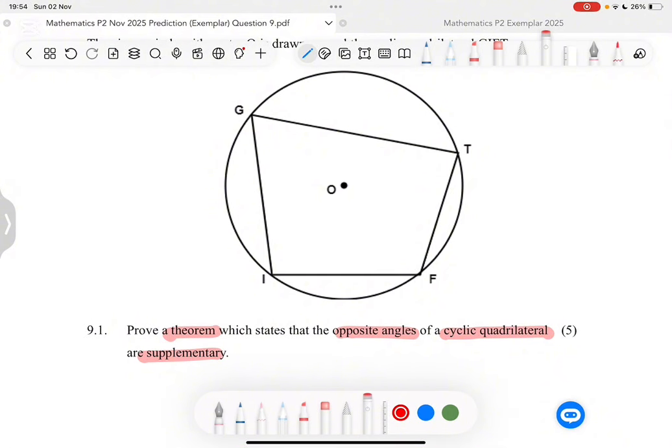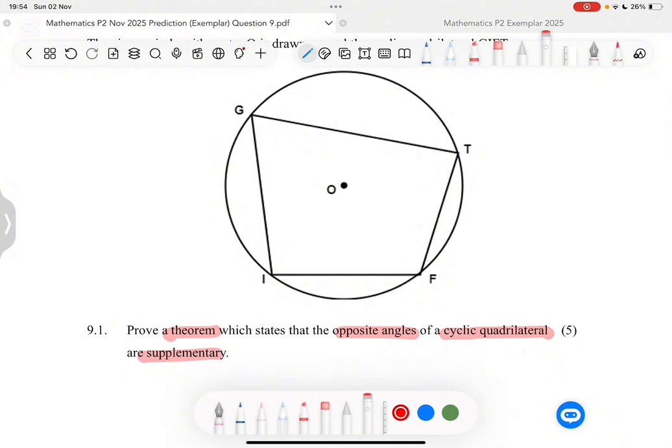Now, after I'm done doing this, I can combine my two angles to say if I add these two angles, angle O1 plus angle O2, I'm really going to add these two on this side. So this means I'm going to have 2 angle G plus 2 angle F. Now notice something very interesting here. If I take angle O1 and angle O2 and I add these two angles, they become an angle around a point.